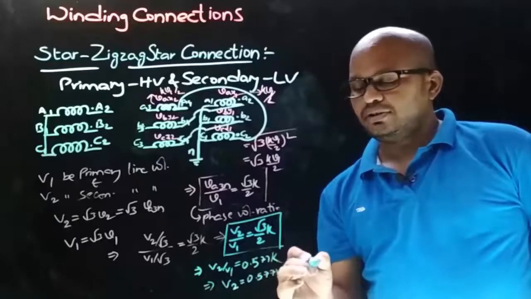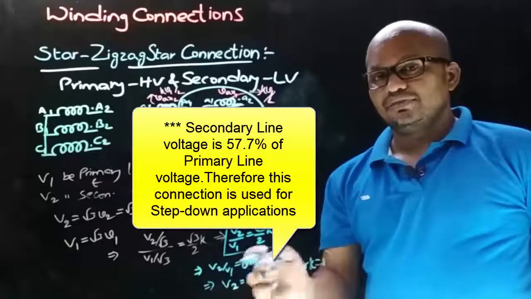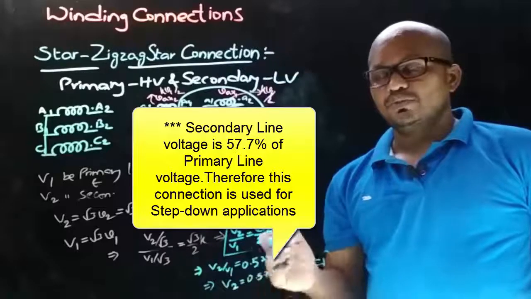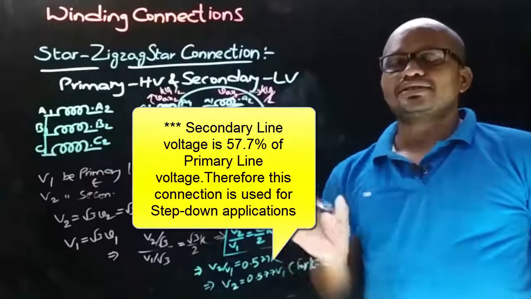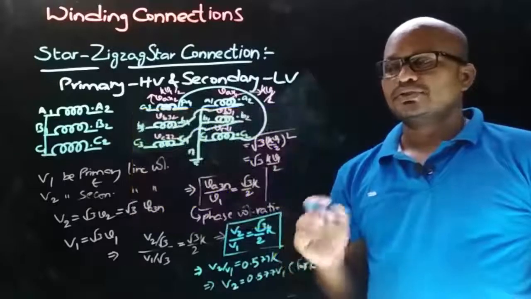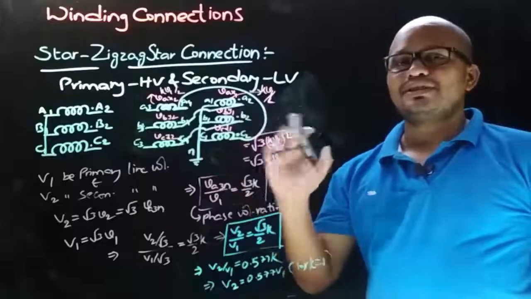From this relation we can say that secondary side line voltage is 50% of primary side line voltage, which means star zigzag star connection is used for step down applications. So this is about star zigzag star connection.